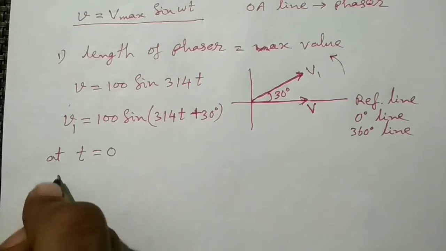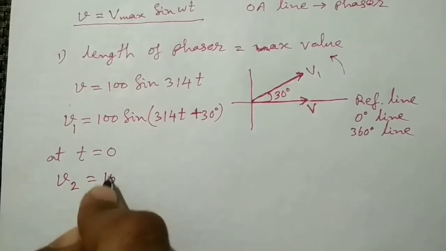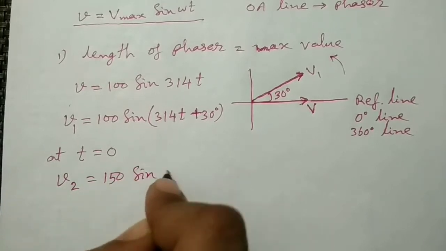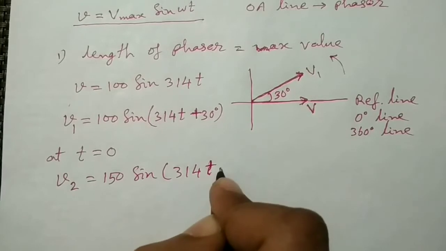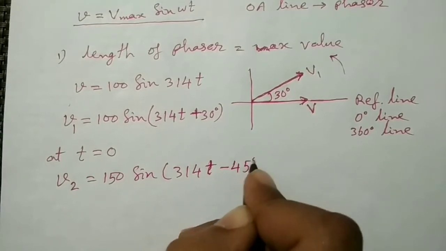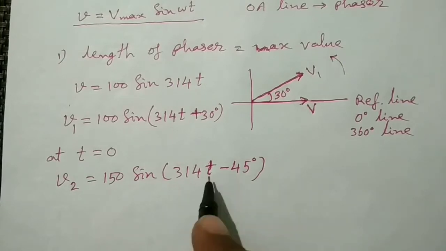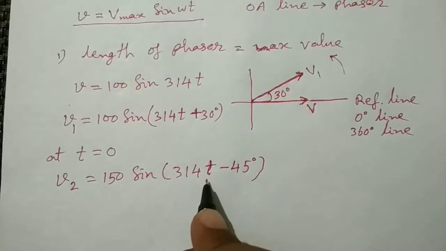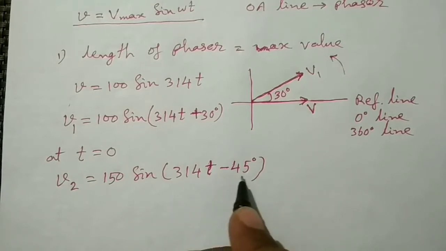Similarly, let's say there is another voltage V2 equal to 150 sine 314t minus 45 degree. So again at time t equal to 0, its angular position will be minus 45 degree.